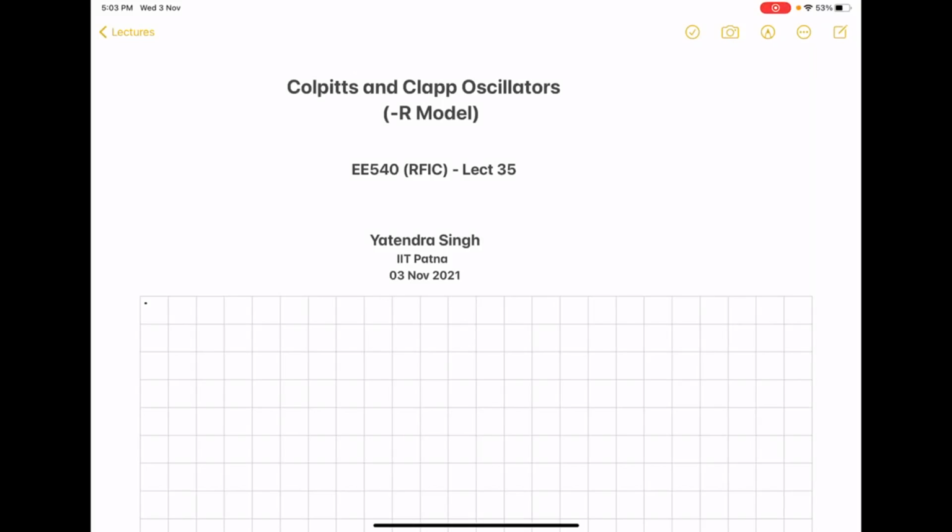In this lecture, we will revisit the Colpitts oscillator and analyze it using the negative resistance model. But this time, we will also include the loss of the inductor.